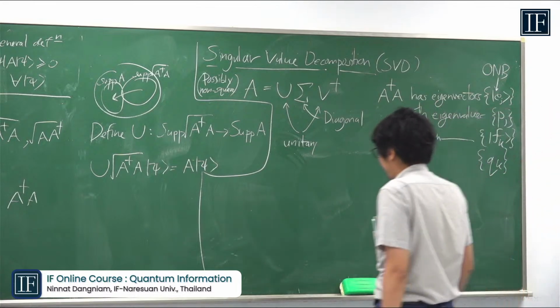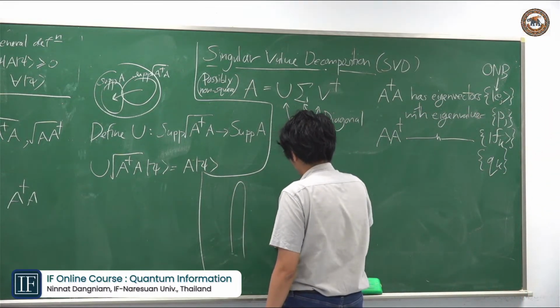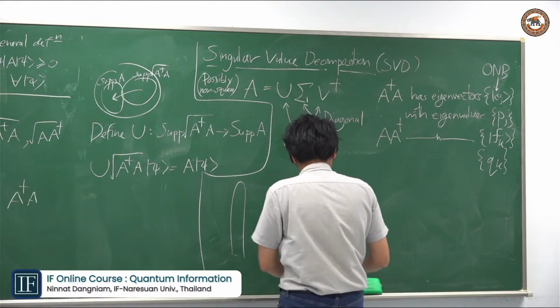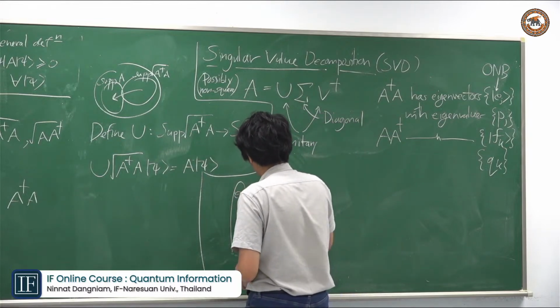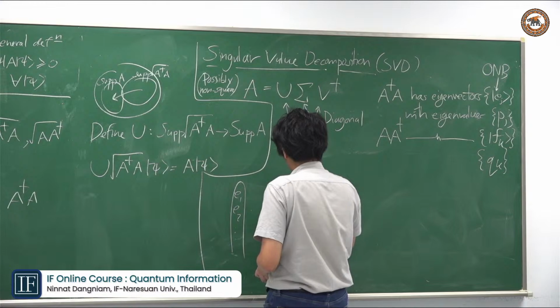So we have these different eigenvectors E1, E2, F1, F2.